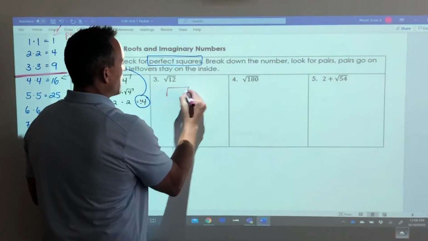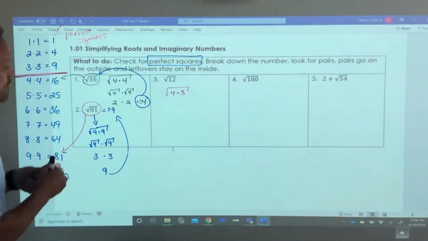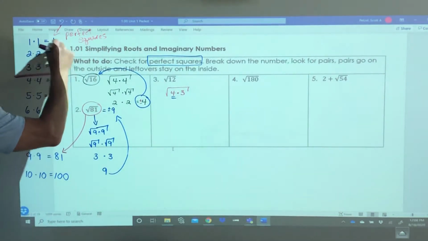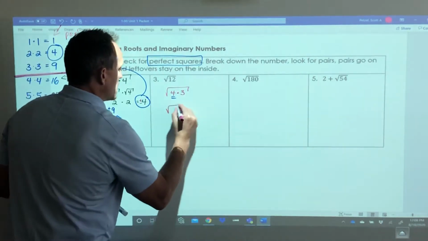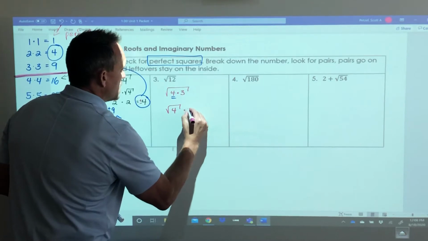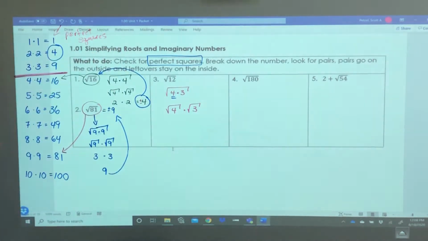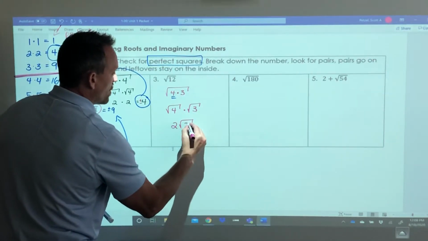We can go, the square root of 12 can be 4 times 3. Well, we'll notice that 4 is right there. So now we can split that up as the square root of 4 times the square root of 3. Well, the square root of 4 is 2. Square root of 3 is the square root of 3.